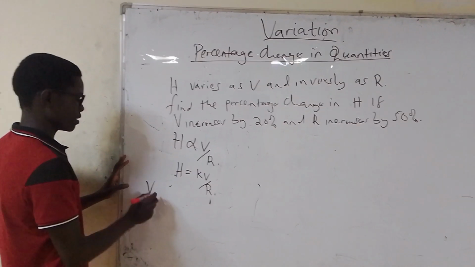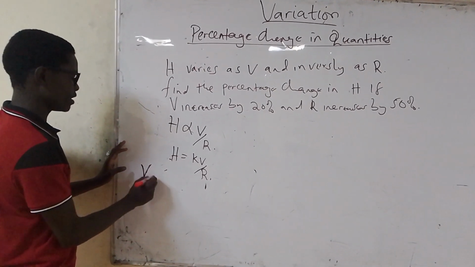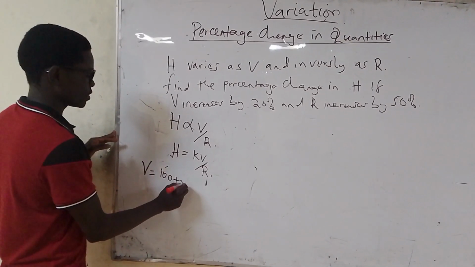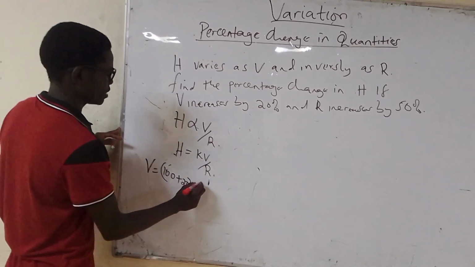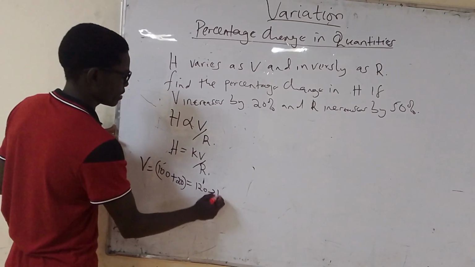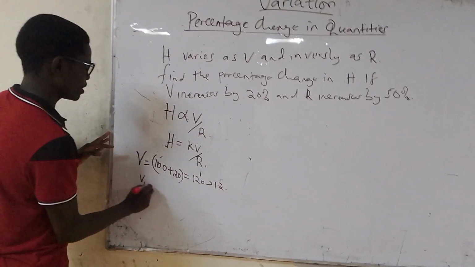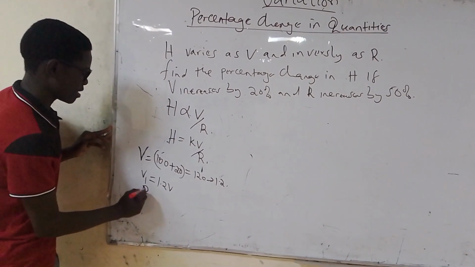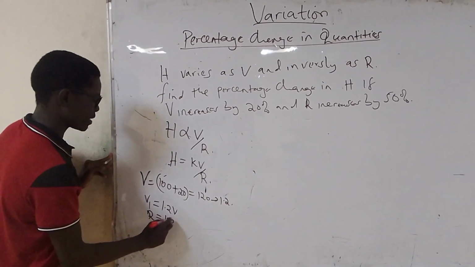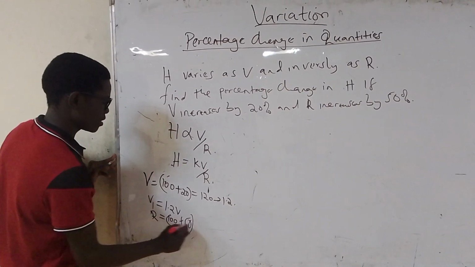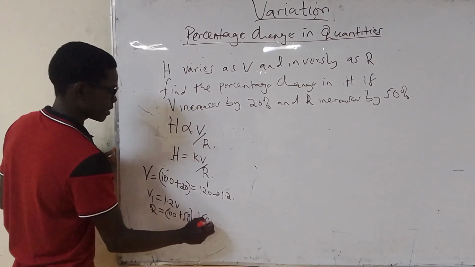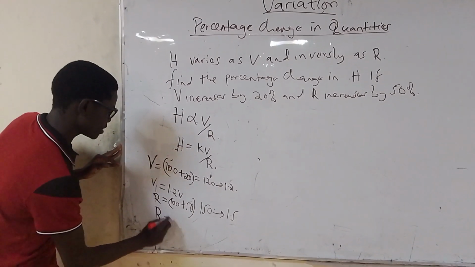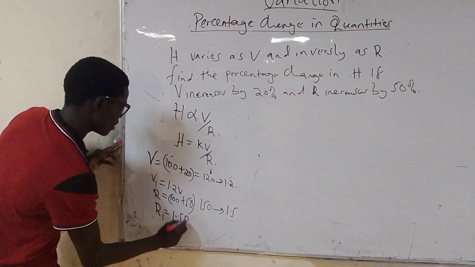So V increases by 20%, so V1 is 100 plus 20. That is 120 divided by 100, 1.2. So V1 equals 1.2 V. Then we see R. R is 100 plus 50. That is 150. Then divided by 100 is 1.5. So R1 equals 1.5 R.